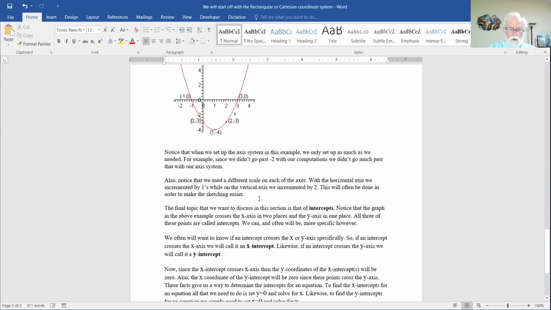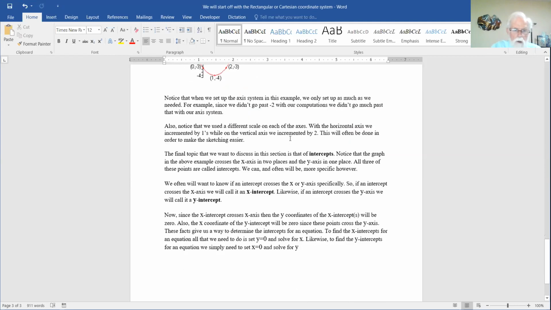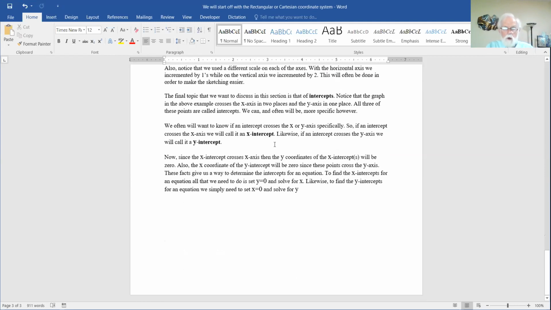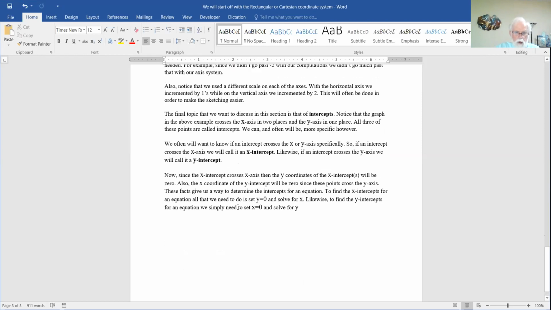We have an x-intercept, and of course we have a y-intercept. Here the y-intercept is -3, where it crosses that axis. This is not drawn as well as it should be, because this dot here should be right on the -3. Okay, so we use these kinds of ways.